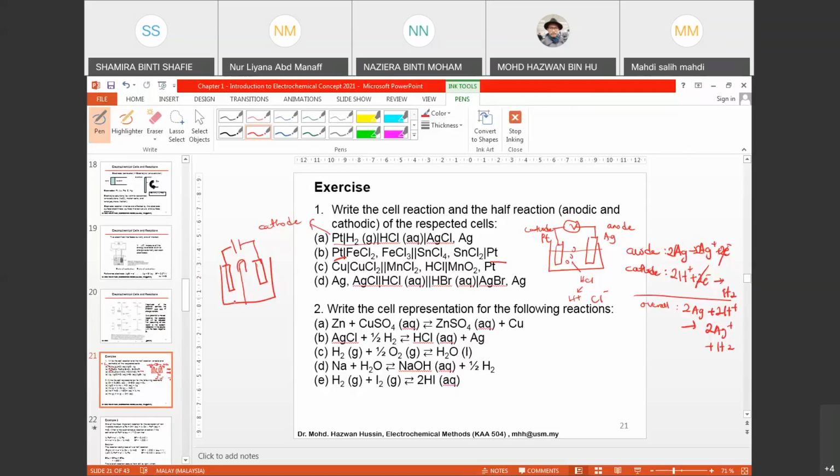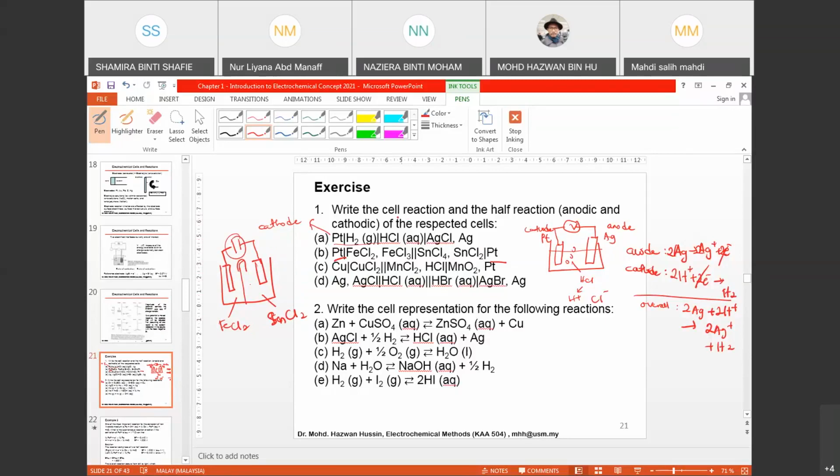Then you have either FeCl2 solution and SnCl2 solution. Either one will experience oxidation and reduction, but which one depends on the terminality of your supply.